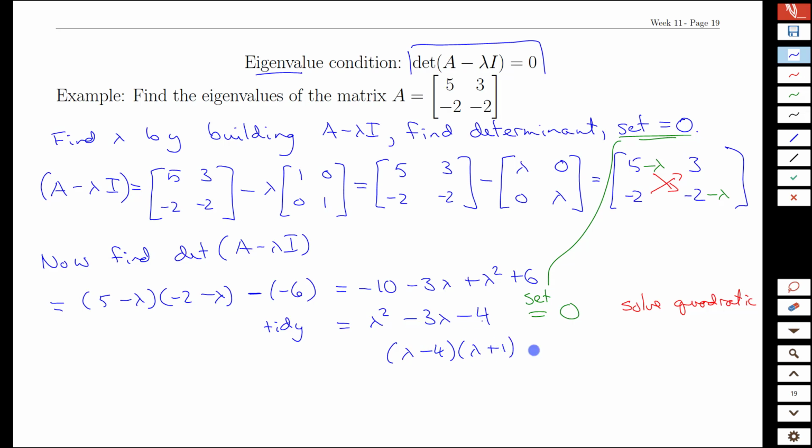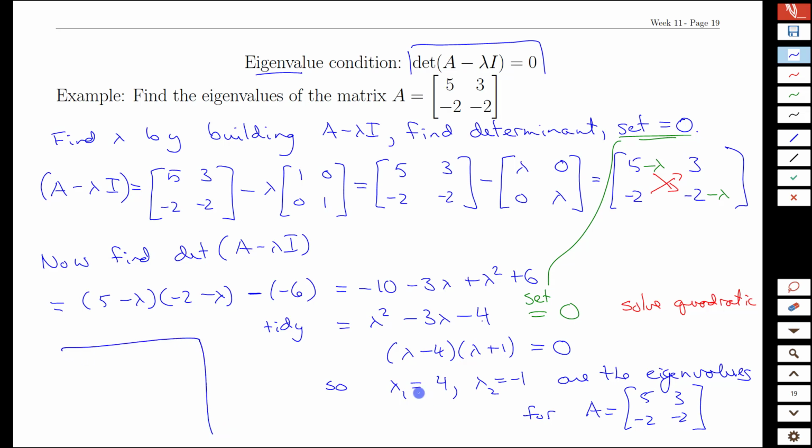So you get -4 and +1, which sum to -3. And so lambda equals 4 and lambda equals -1. Let's get the numbers here, 1 and 2, are the eigenvalues for A, 5, 3, -2, -2.